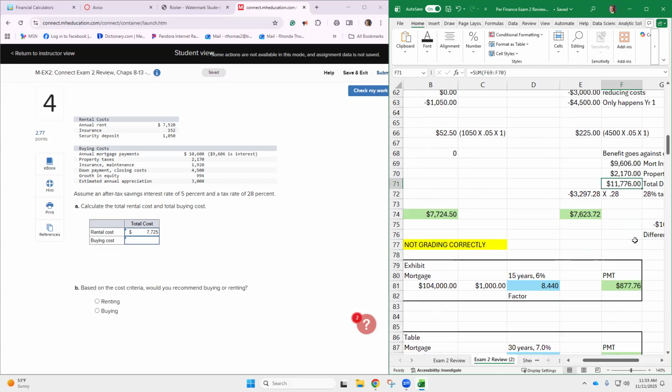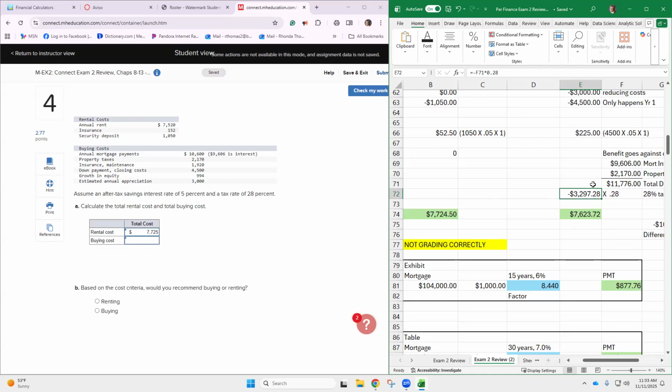If I add those 2 amounts together, that's the amount I can deduct. Then we take that amount times my tax rate. So this is the formula here: my total deductions times my tax rate is right here. These tax benefits offset costs too, so that's why they're in there as a negative.